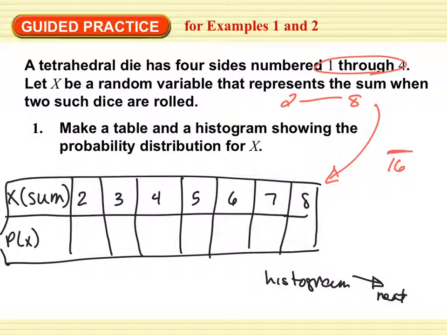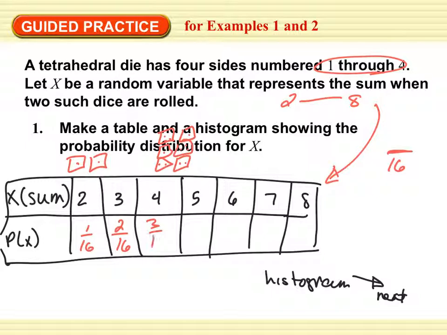So to get 2, no, sorry, 2 is just 1 and 1, which is 2 dots. 3, I can make 2 different ways. 4, I can get 2 plus 2, or 1 plus 3, backwards and forwards.